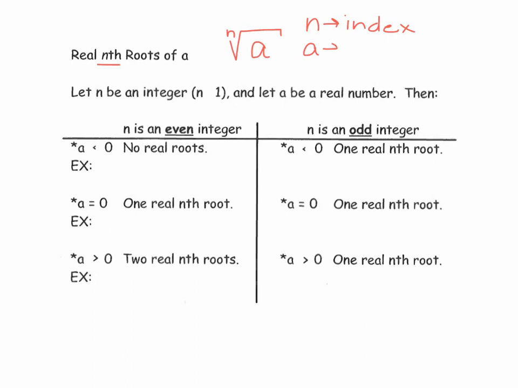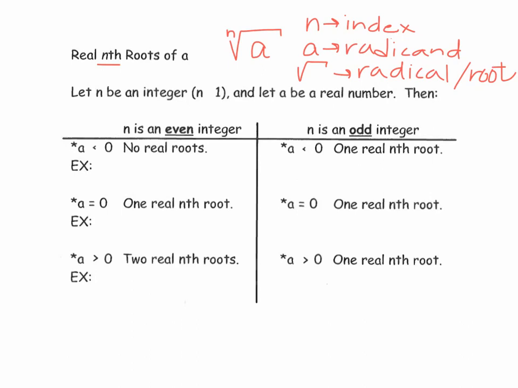A, that original base, is called the radicand. And then the root symbol itself is just the radical symbol. So I'll just say radical or root, since it's different than your exponents.